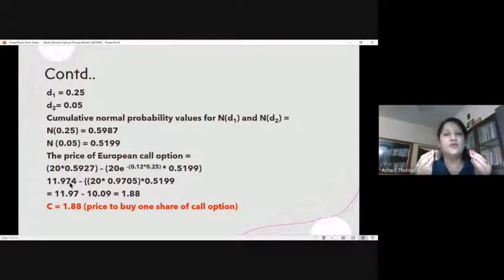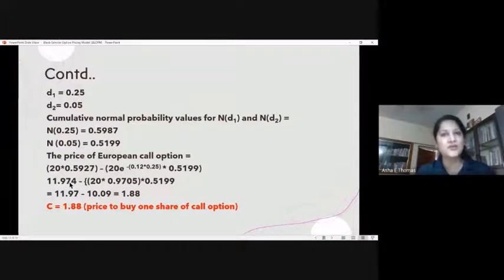So we have learned the computation of the theoretical price of an option, call or put, based on the Black-Scholes model, and that is the charm of this model. That's why it has received a lot of acceptance all over the world, because it helps an investor identify overpriced and underpriced assets, maybe with respect to stock.